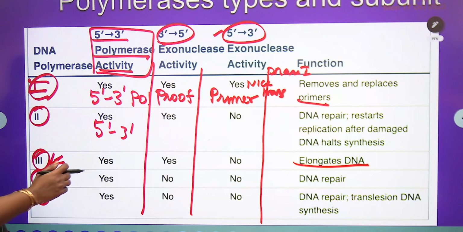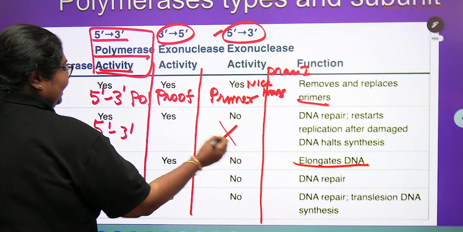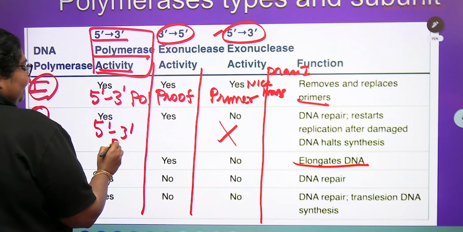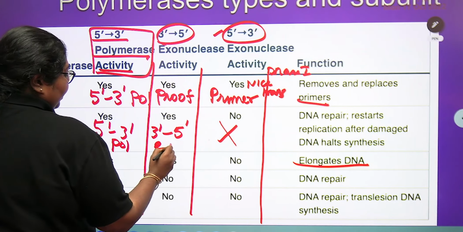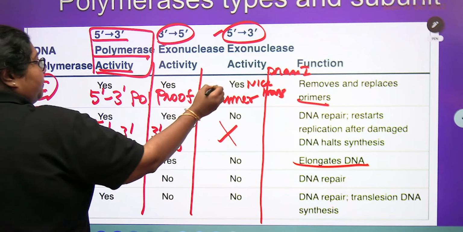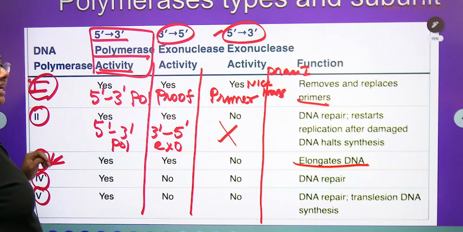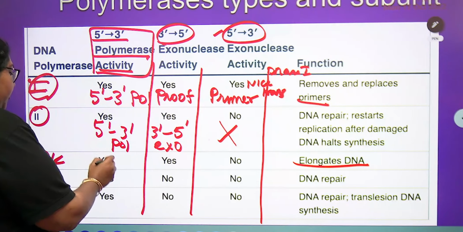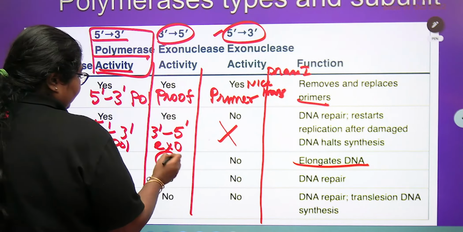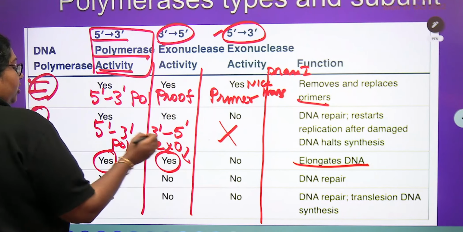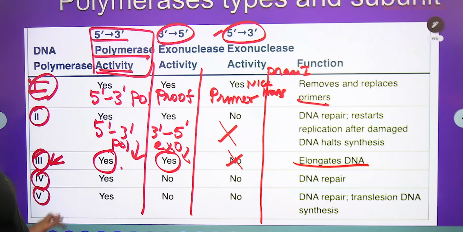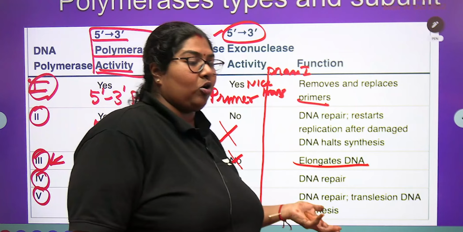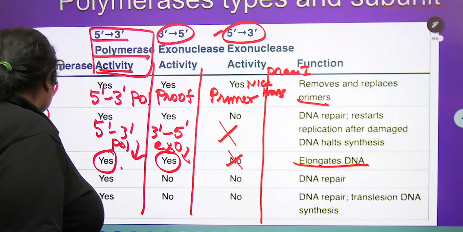Pol 2 will contain only these two categories: polymerase activity and your 3' to 5' exonuclease activity. This 5' to 3' exo is unique to your pol 1. Pol 3 is the same, going like your pol 2. It is going to contain polymerase and exonuclease, and this one is not at all there. Type 4 and type 5 are all going to be helpful as error-prone enzymes. I hope that this is clear to you.